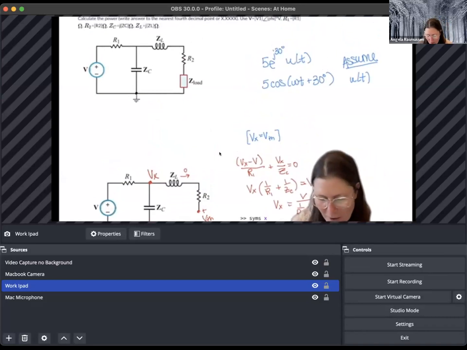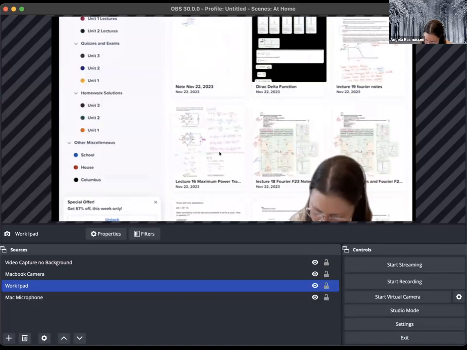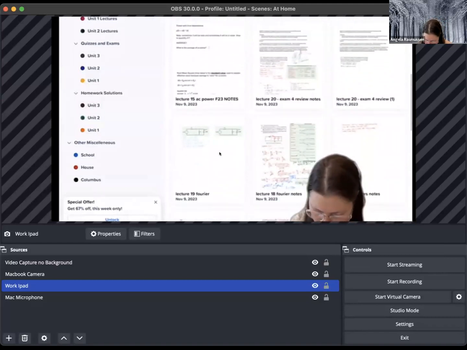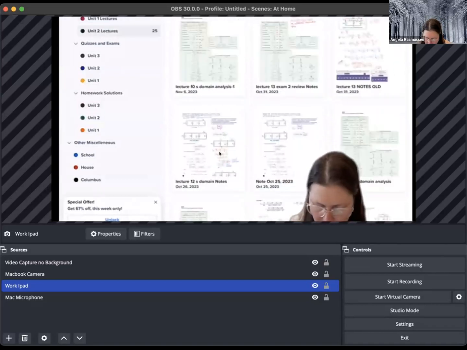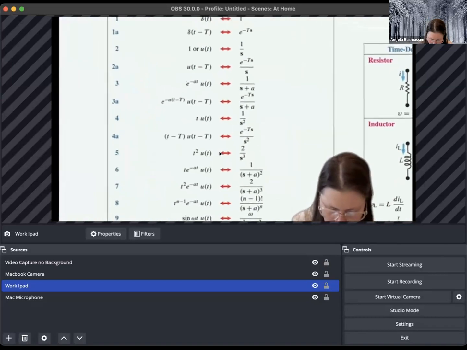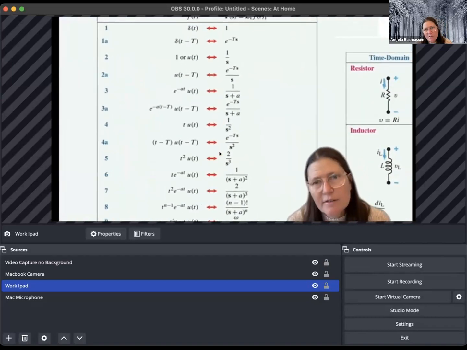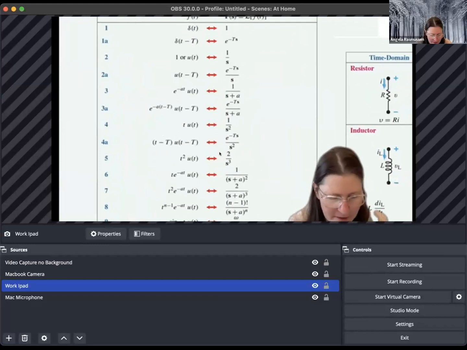If I was to use the Laplace here, it would translate as 1 over S plus A, and minus A in this case.